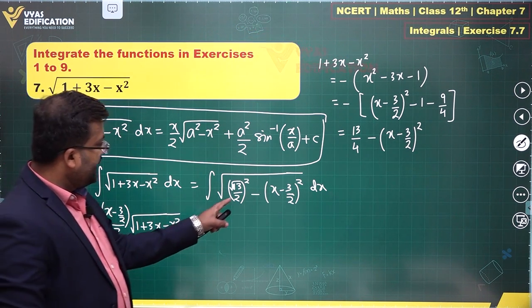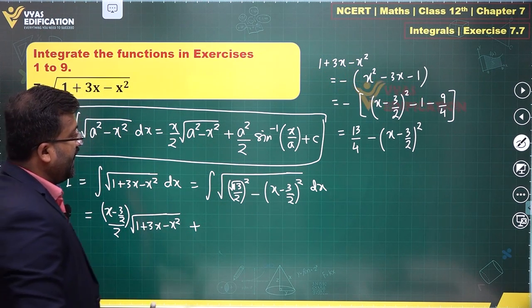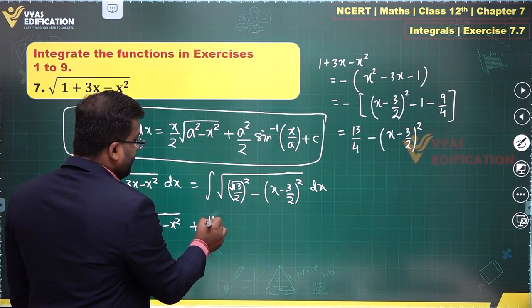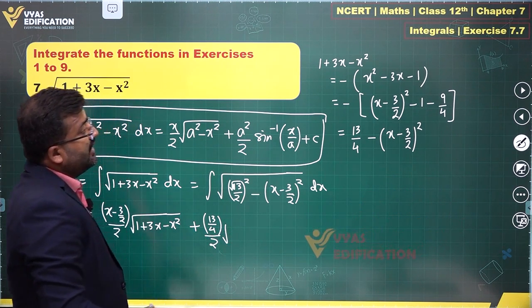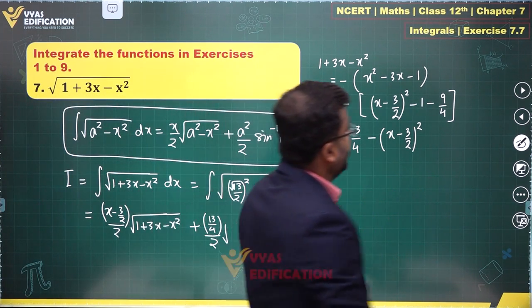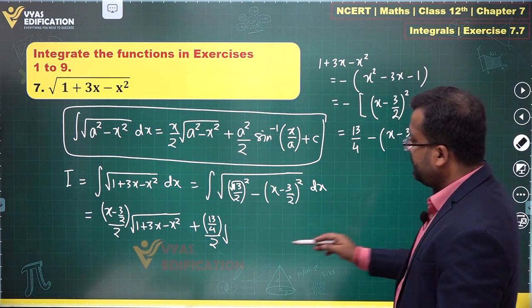Now what is a square? A square is 13 by 4. What do we need after that? Sine inverse x by a is what we are interested in.